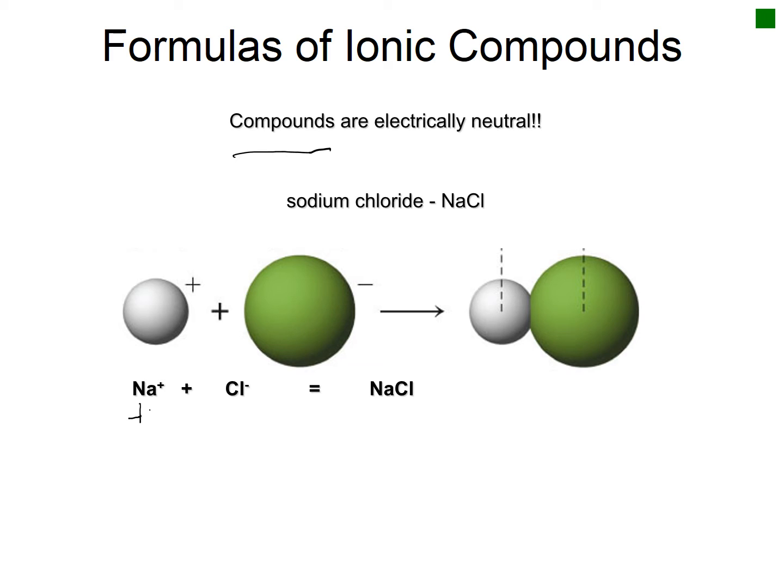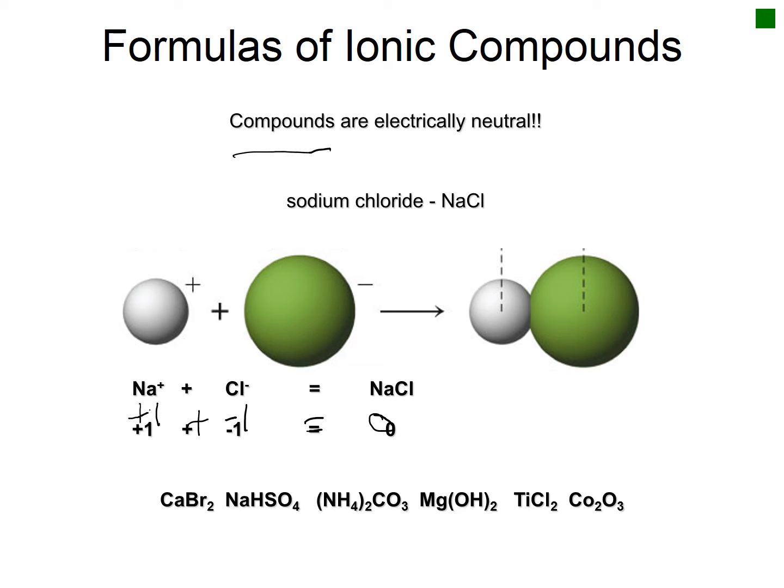So it had a +1 charge when it loses that 1 valence electron, versus chlorine being in group 7 needed that 1 valence electron to become like argon, making it a -1. So if we have a +1 and a -1, if we add those 2 charges up, we'll see that we come out with a neutral compound of 0. Oops, I just wrote over that. We'll do some more examples and see how to do that, but all of them always need to balance out and be electrically neutral.